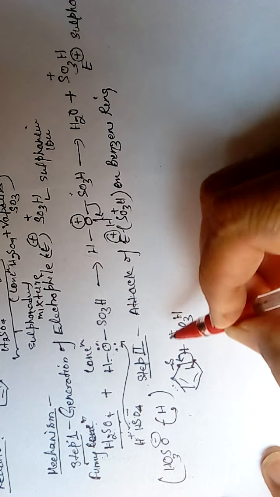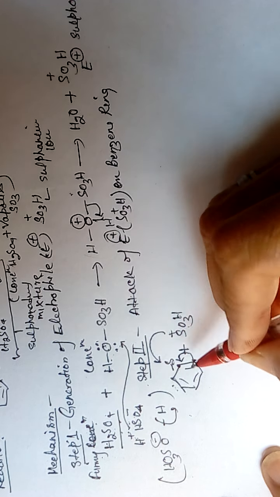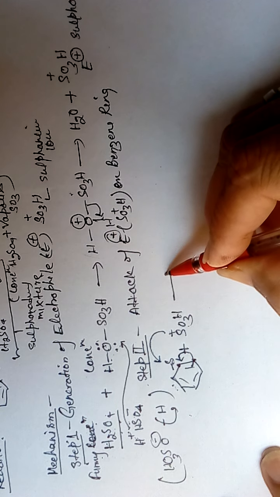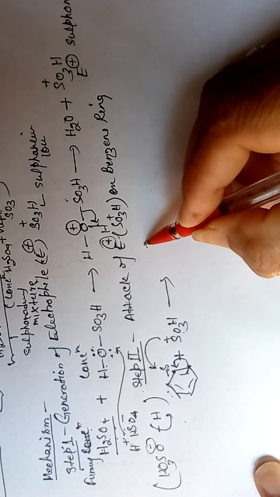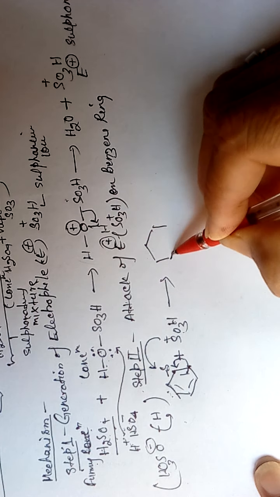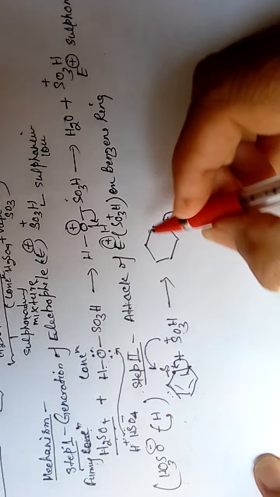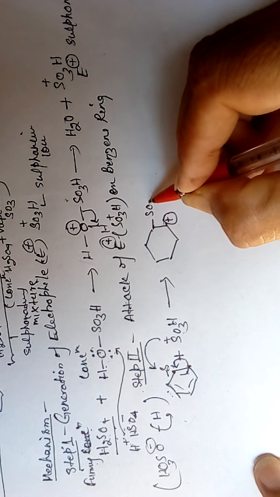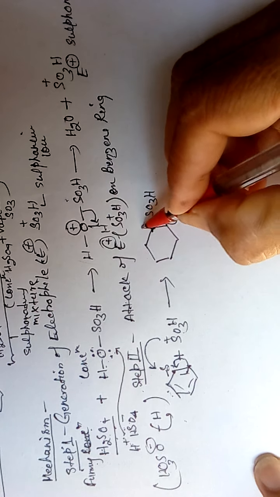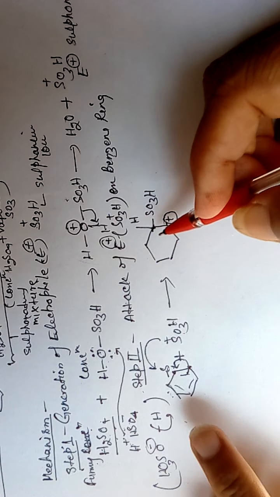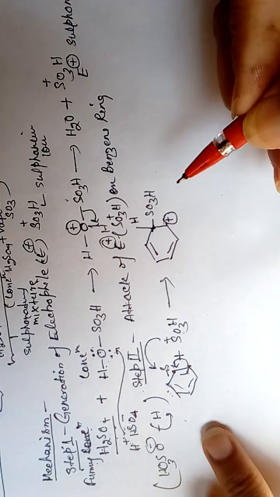The electrophile attacks this benzene ring and the structure is formed. See, this bond shifts here, a positive charge comes, SO3H is attached on this carbon, and our hydrogen is also present on this carbon, with a double bond here and a double bond here.